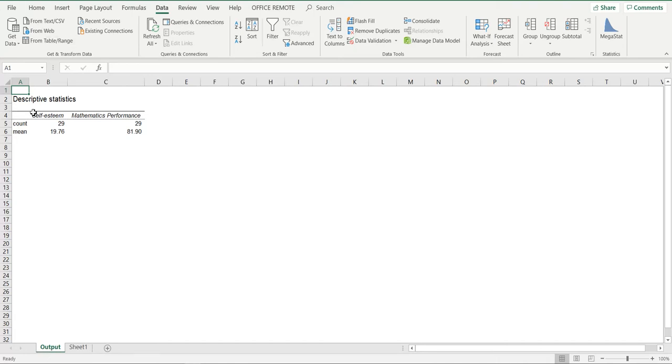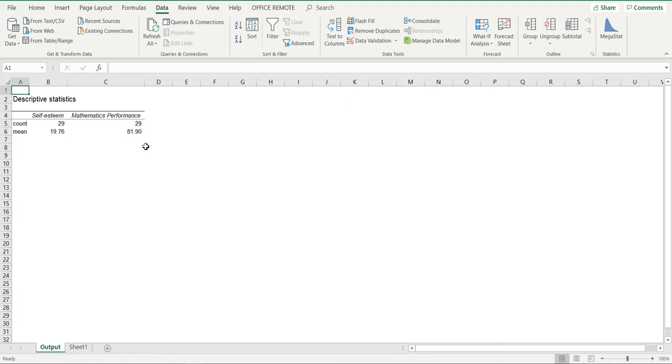Here, we have descriptive statistics. The self-esteem has 29 data with the mean of 19.76. The mathematics performance has a mean of 81.9.